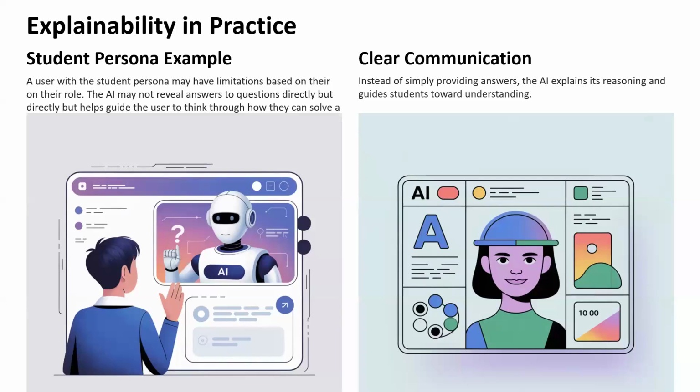And in practice, a student persona is an example. A user with the student persona may have limitations based on their role. The AI may not reveal answers directly, but helps guide the users to think through how they can solve the problem.